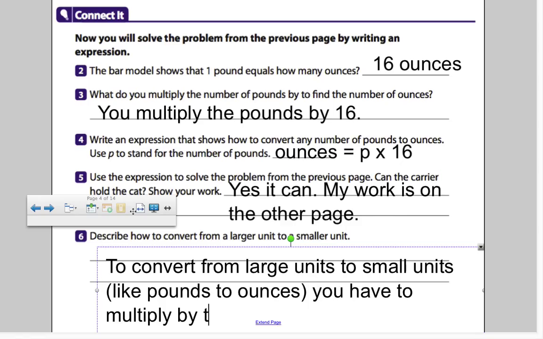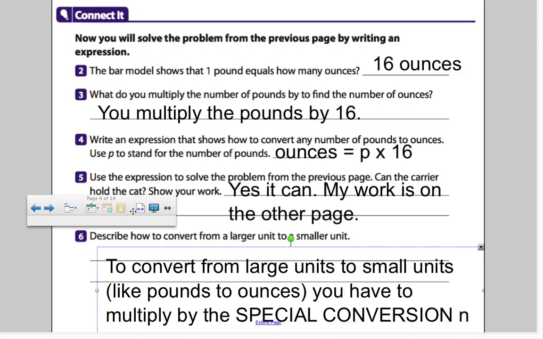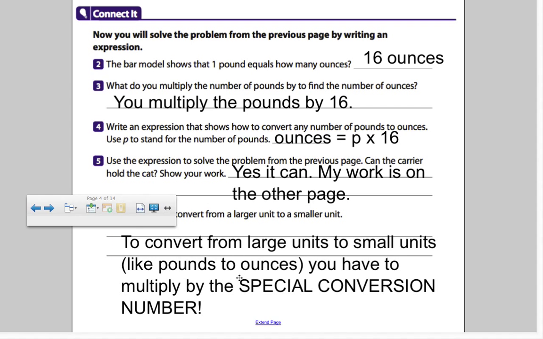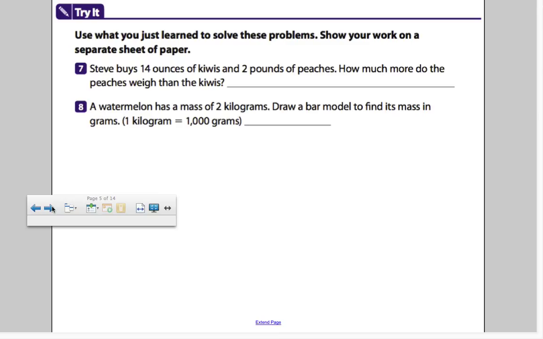Multiply by the special conversion number. That's important. What is the special conversion number? It depends what we're talking about. Since we're talking about pounds and ounces, the special conversion number is 16. Let's move on to the last two.